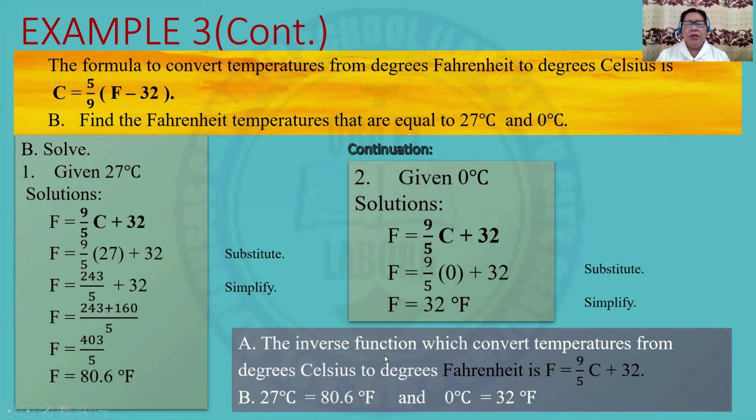Therefore, the inverse function which converts temperatures from degrees Celsius to degrees Fahrenheit is F equals 9/5 C plus 32. And for B, 27 degrees Celsius is equivalent to 80.6 degrees Fahrenheit, and 0 degrees Celsius is equal to 32 degrees Fahrenheit. Questions? If there is none, let's proceed.